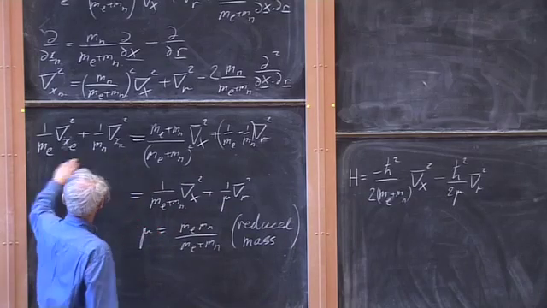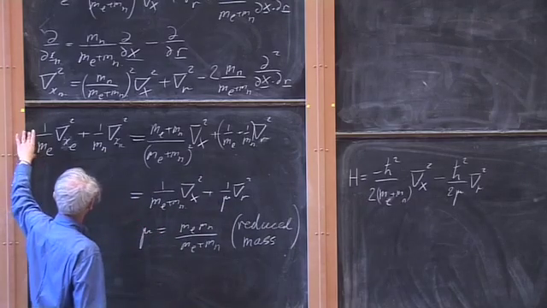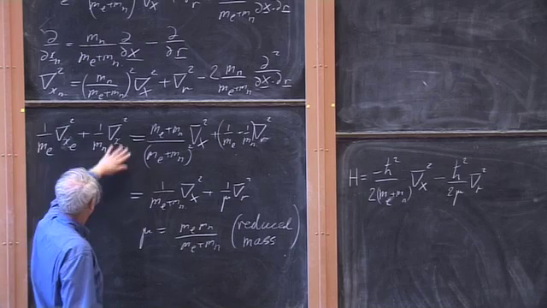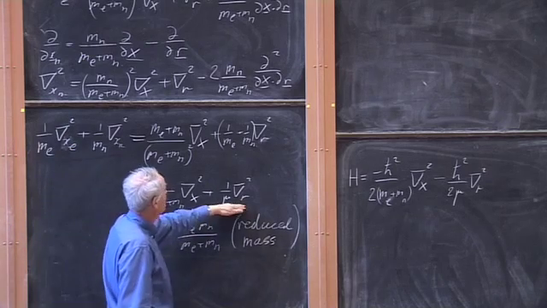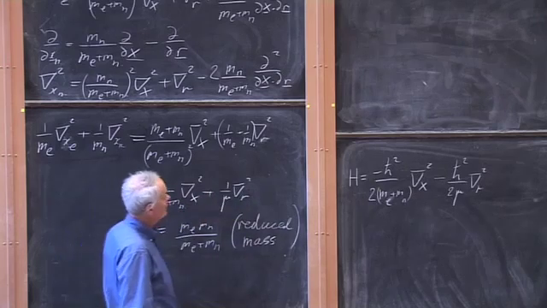Because this is the magic combination. Minus h bar squared over 2 times this is what appears in the Hamiltonian. So we get minus h bar squared over 2 times this, which is what I hope I've written down.